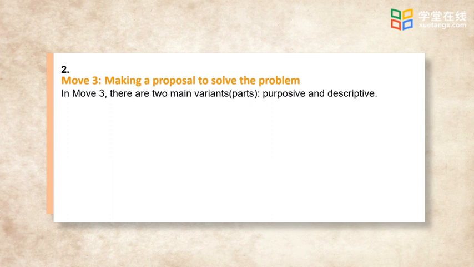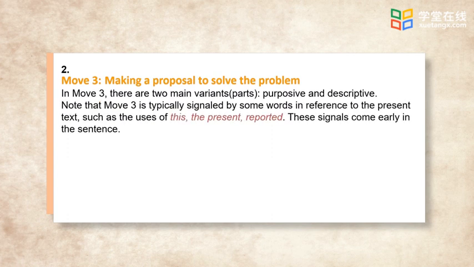Number 2. Move 3. Occupying the niche. The third and final step in the typical research paper introduction is to make a proposal to fulfill the gap, or answer the question, that has been created in Move 2.